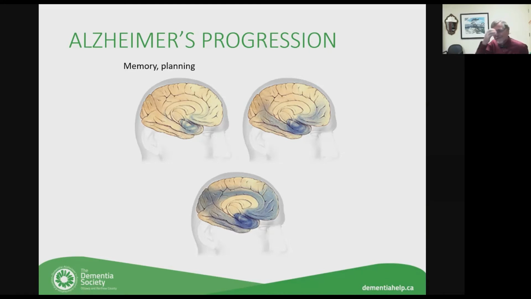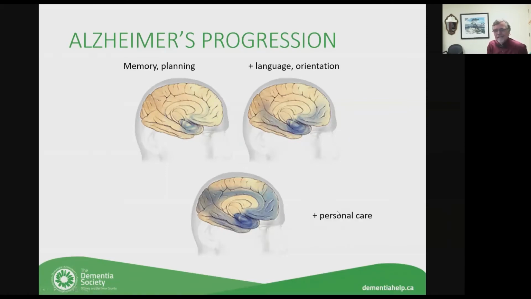So the highest level of functioning, we used to be able to organize dinner for 25 people at Thanksgiving. Now, consistently getting dinner ready for two is enough of a workload. And then you see in the next picture here, it's getting darker. So now it's not just the hippocampus on the inside, it's moved out to other parts of the temporal lobe, and now language is going to be affected, sense of direction, sense of time, and executive functioning, of course, is getting more impaired over time.